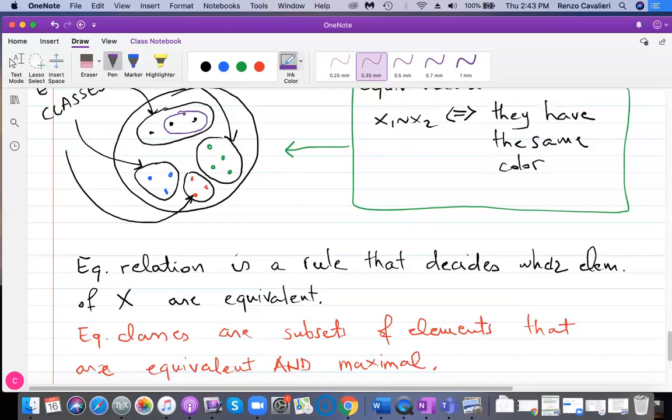So equivalence classes are subsets of elements that are equivalent and such that you cannot grow them anymore with elements that are equivalent. So there are no more elements outside that subset that are equivalent to elements in it, right? So this purple set is not going to be allowed. This is not an equivalence class.